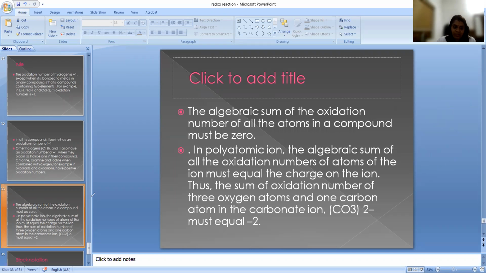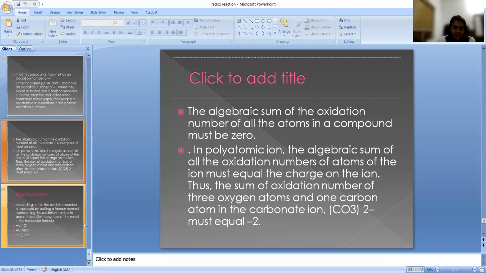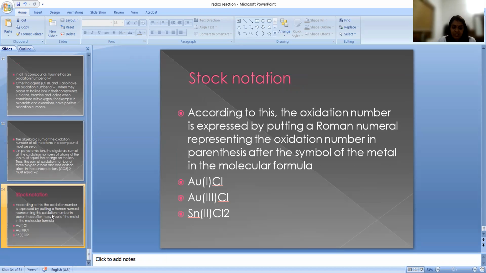Now let's see one more thing, called the Stock notation. Stock notation means we represent the oxidation number of a metal by putting a Roman numeral in brackets adjacent to the metal.